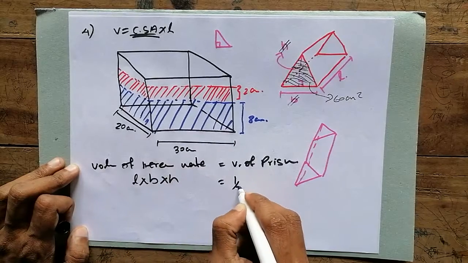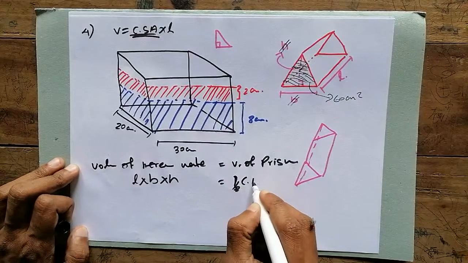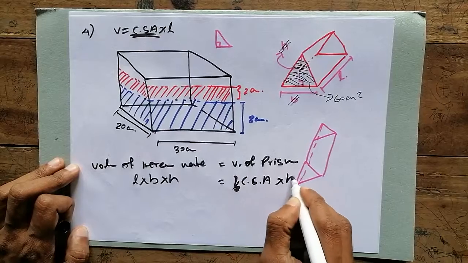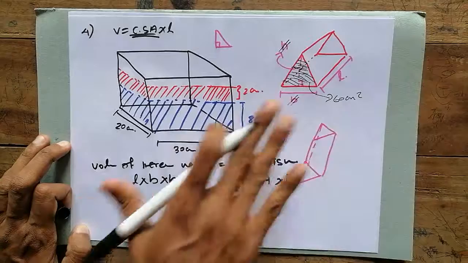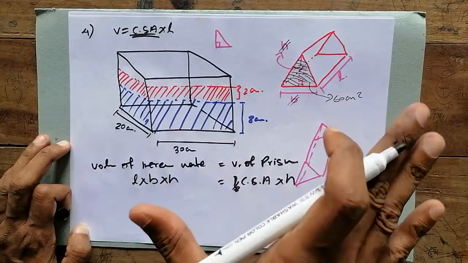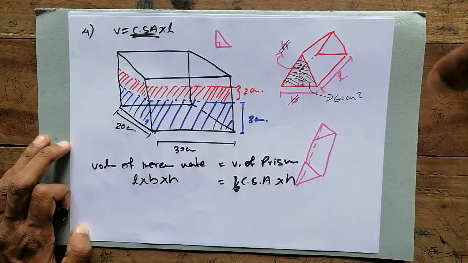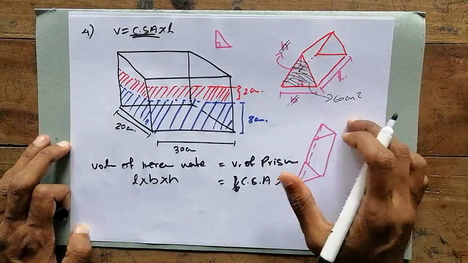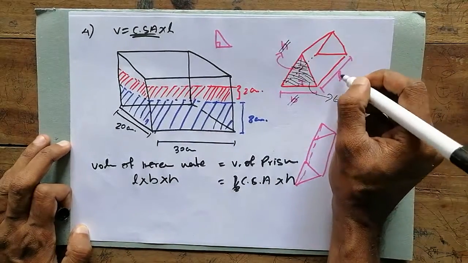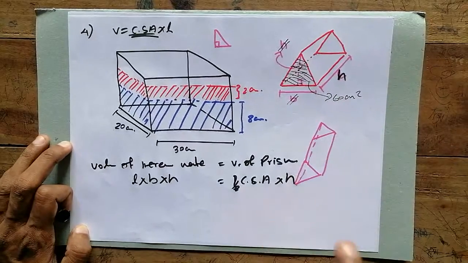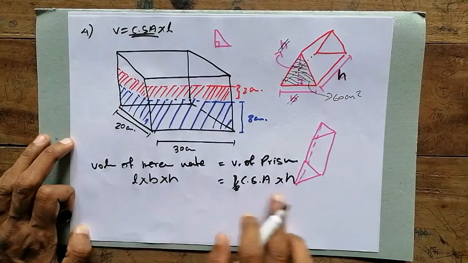Here we have cross-sectional area into height. I drew it in the horizontal way, so we need to draw it in the vertical way. If you draw it vertically, it is called the height. So we can substitute it.